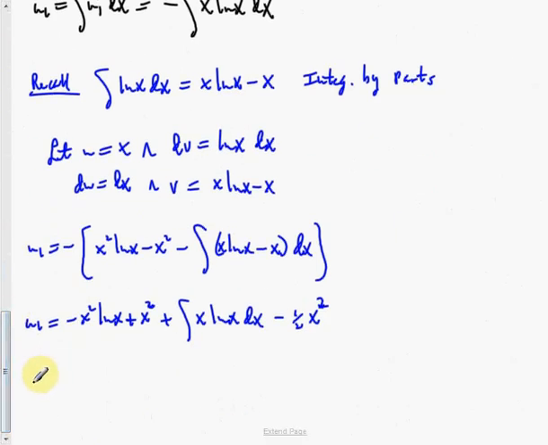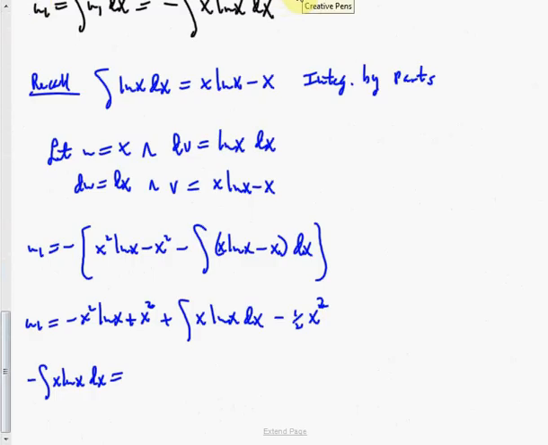So this is negative the integral of x times the natural log of x dx is equal to, I lost the negative somewhere. Because to get this guy back on the other side, it's going to cancel that. No, I didn't. I'm fine. All is well. All is well.